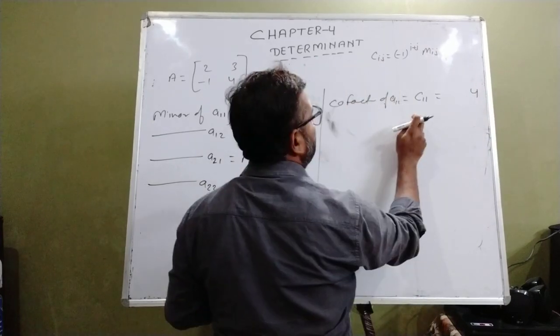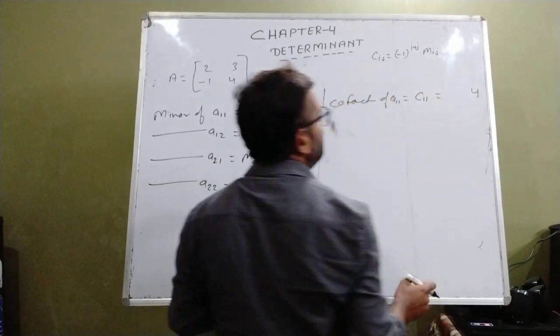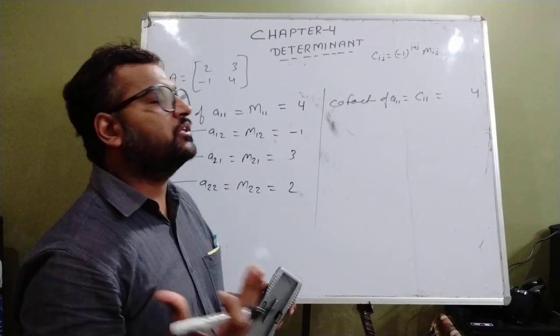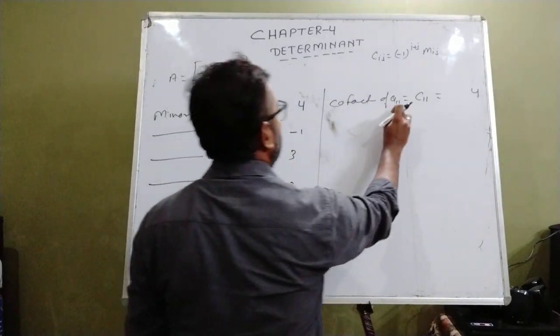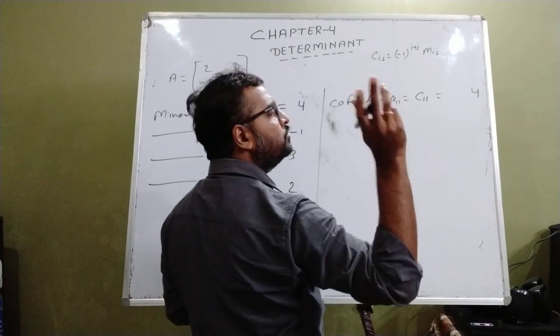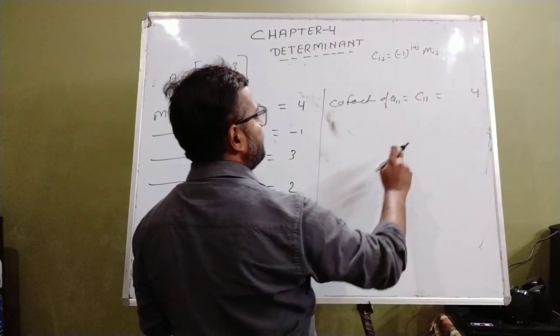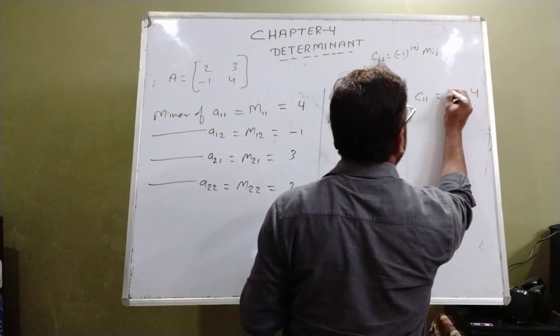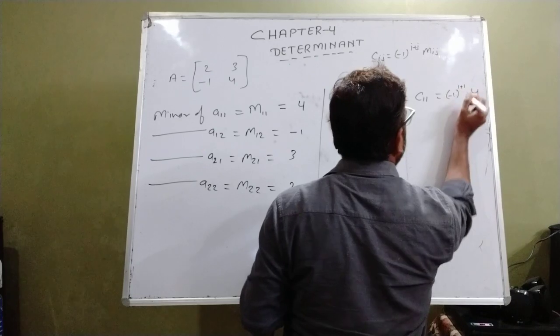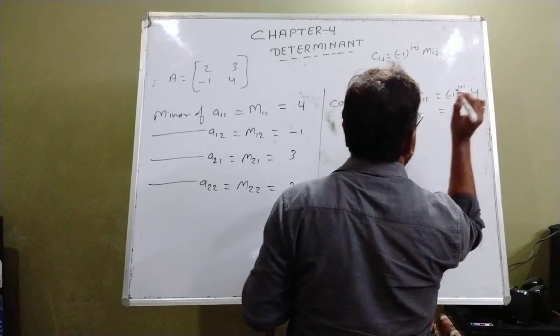Now check the sign: minus 1 to the power 1 plus 1. You need to check the position of the element. Here it is 1 plus 1, which gives 2. Whenever the power is an even number, the sign will be positive. So it is a positive sign, and positive 1 times 4 equals 4.